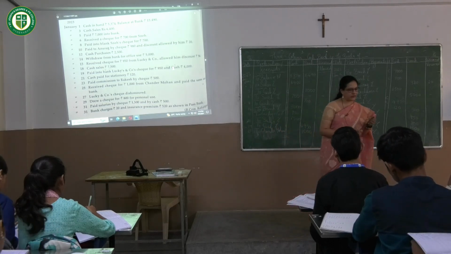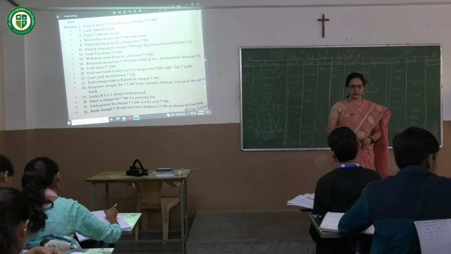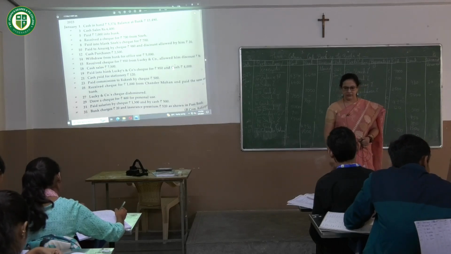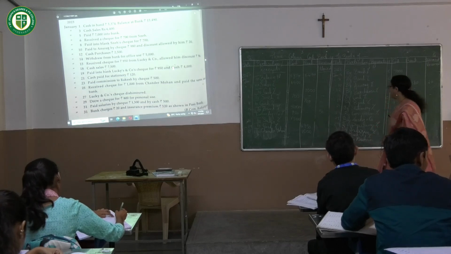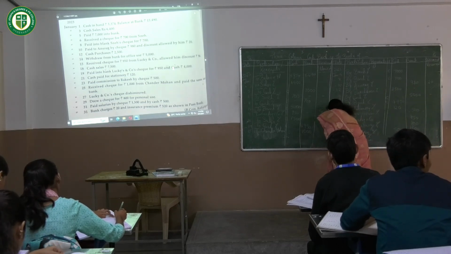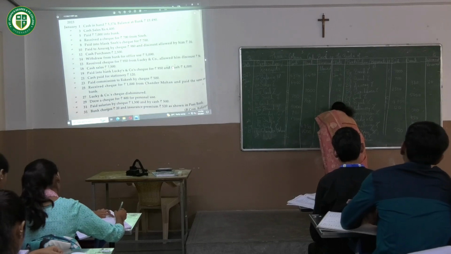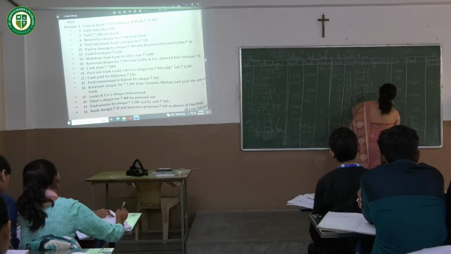Do it on your calculator. Debit minus the credit. Cash column 10,000.